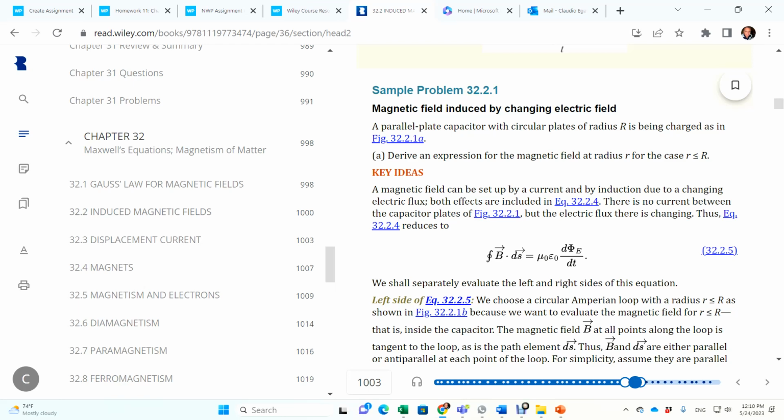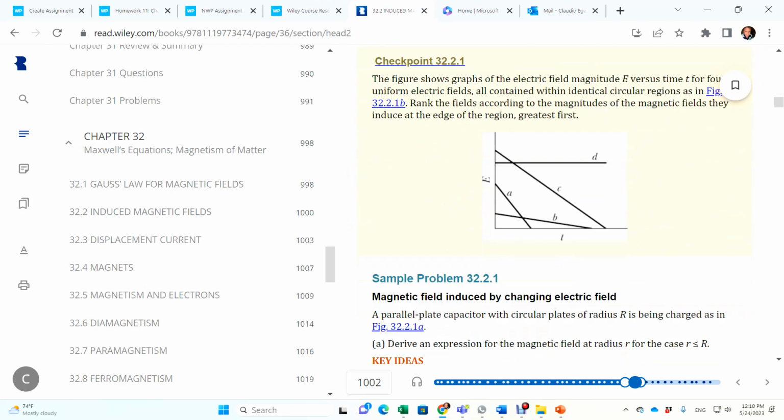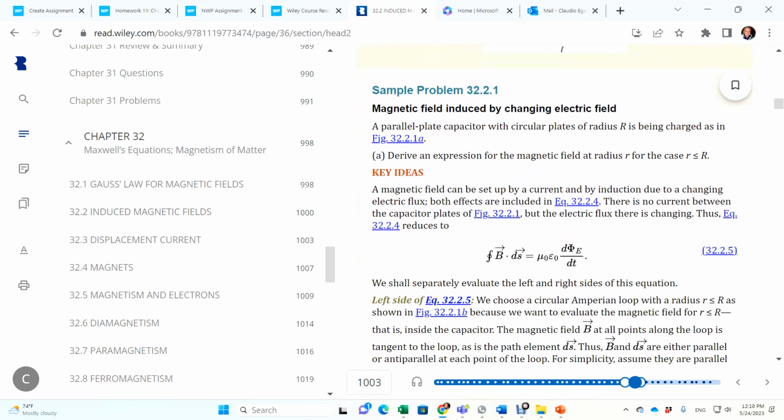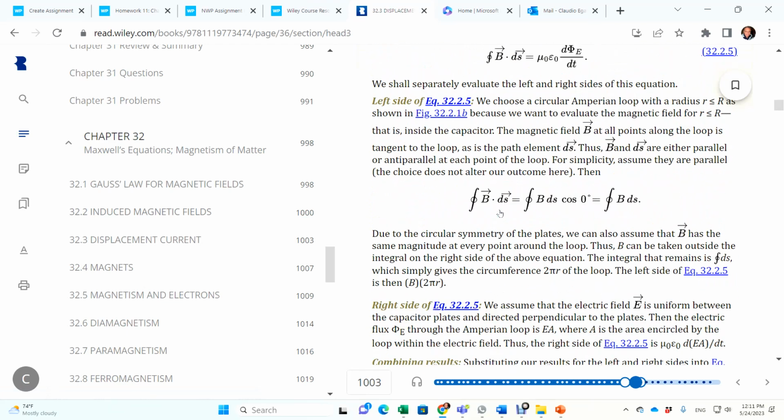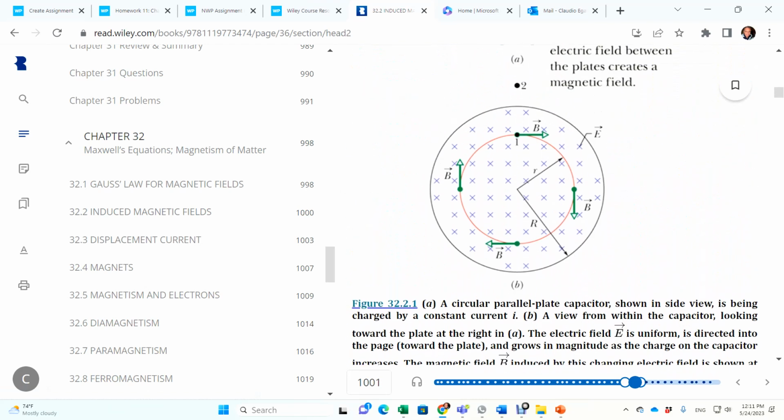So what about a changing electric flux inside a capacitor? Is it going to induce a magnetic field? We can solve this problem: magnetic field induced by a changing electric field. A parallel plate capacitor with circular plates of radius r is being charged, as in figure 32.2.1a. Let's take a look at this figure. The capacitor here is connected to an AC source.